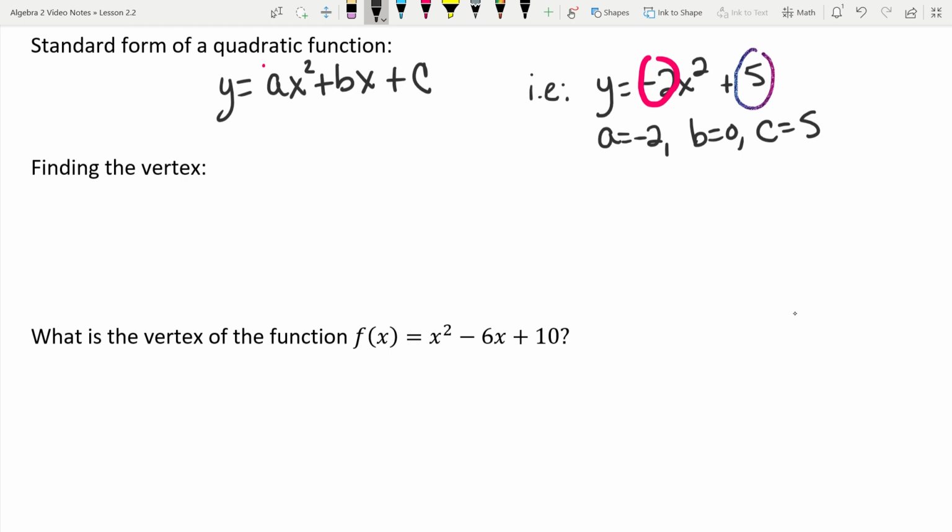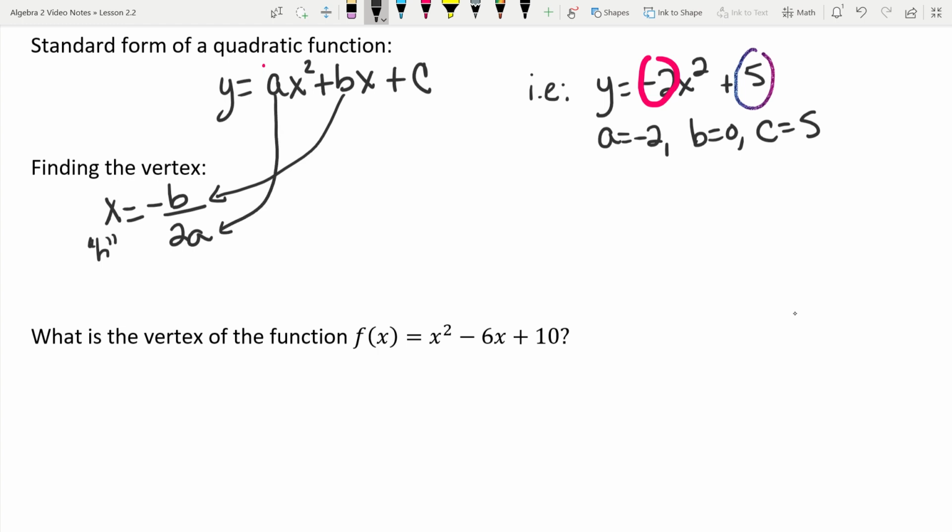So how do we find the vertex using this form? To find the vertex, we're going to use the following formula. Okay, so the formula for that is x equals negative b over 2a. So this is going to be the go-to to finding the vertex. So this gives us the x coordinate of the vertex, so basically our h. So when we mean x here, we really mean like h. So to find this, we plug in whatever b is, and then we plug in whatever a is into the formula.